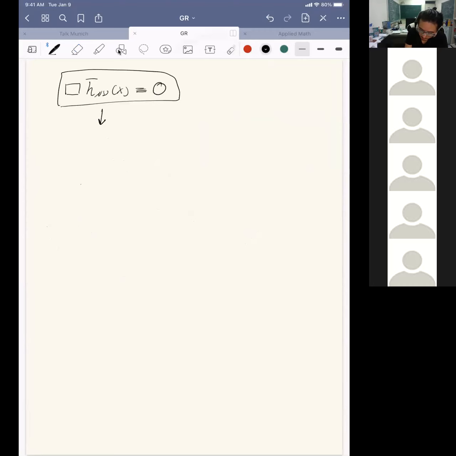So that tells you that if you expand h bar mu nu x in terms of plane waves, let's say we do a Fourier transform using the plane wave basis, the fact that box acting on this is 0 tells you that k square has to be 0. So that means that this h field in momentum space is massless-like.